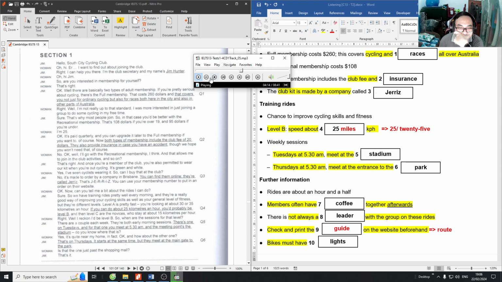It's green and white. Yes, I've seen cyclists wearing it. So can I buy that at the club? No, it's made to order by a company in Brisbane. You can find them online. They're called Jerry's. That's J-E-R-R-I-Z. You can use your membership number to put in an order on their website.